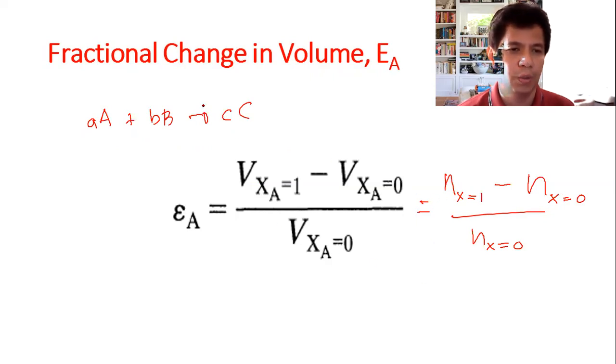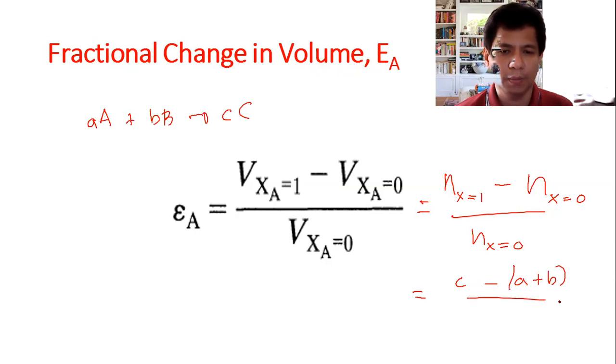So from this reaction, the epsilon would be equal to C minus (A plus B), divided by A plus B. Okay? So I hope you still remember this fractional change in volume.